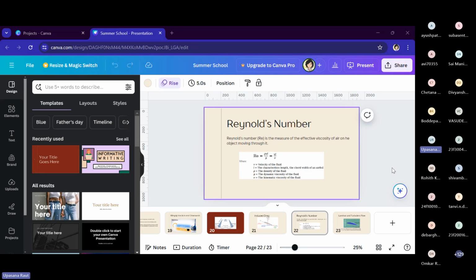So that's why we need Reynolds number, to classify the flow of the fluid in which our object is moving. Any more questions?